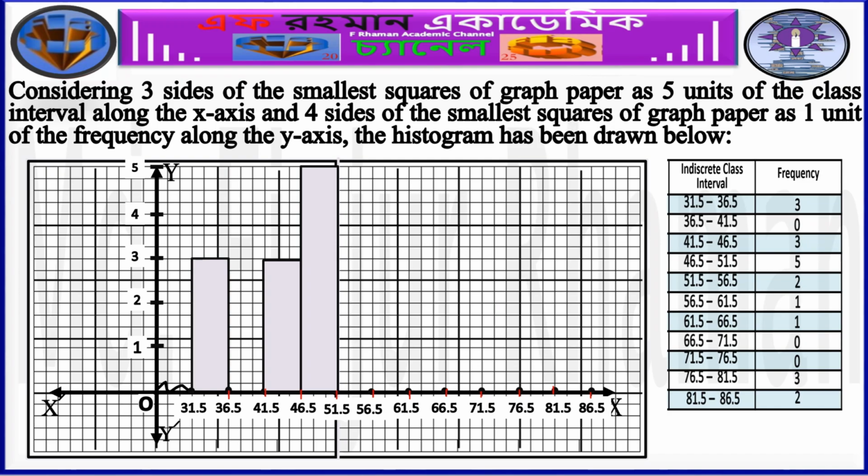Since the frequency in the class interval 51.5 to 56.5 is 2, the length of 8 smallest squares will be the height of this rectangle.